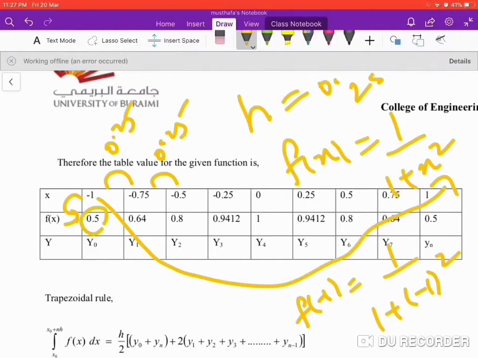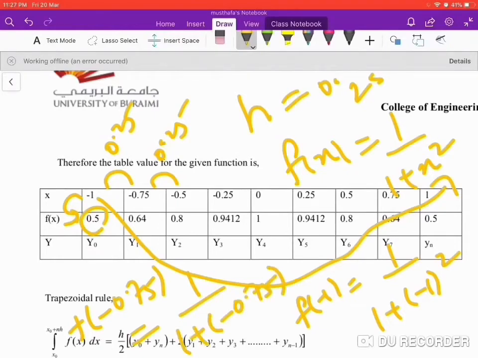Similarly, now change your x to -0.75. That is 1 over 1 plus of -0.75 the whole power 2, which leads to the result of 0.64. Likewise, you find the value of f of x for the remaining terms.